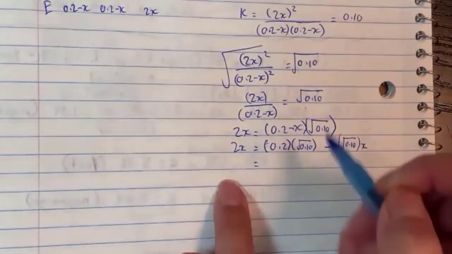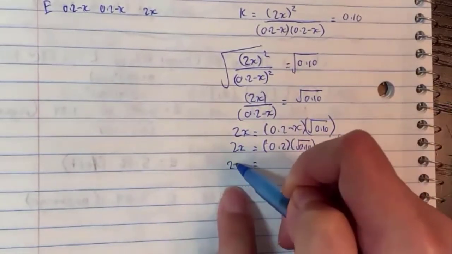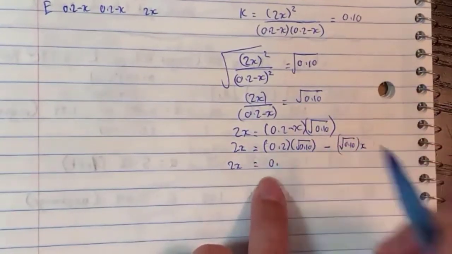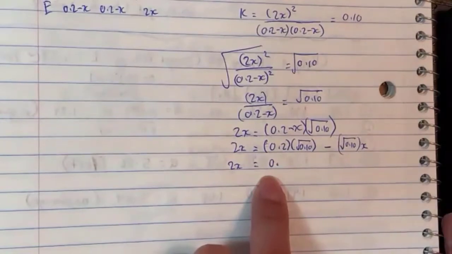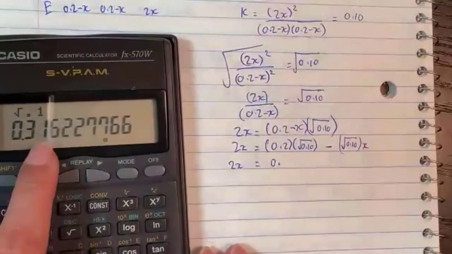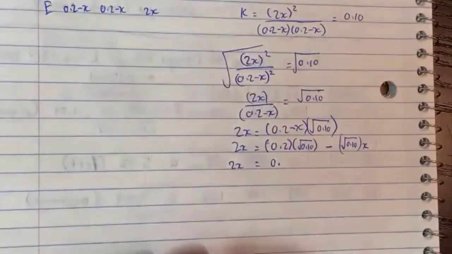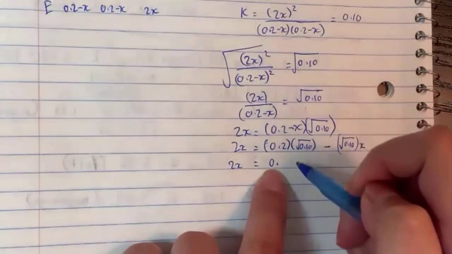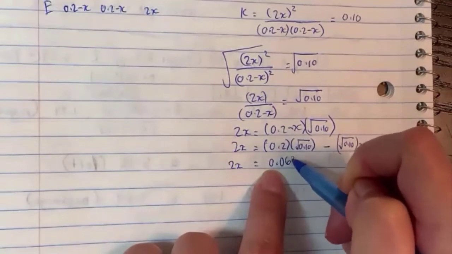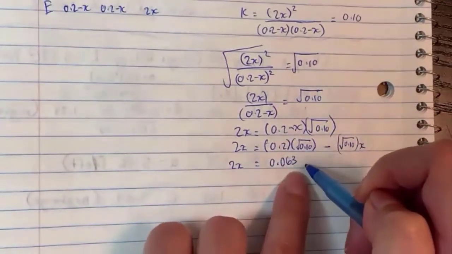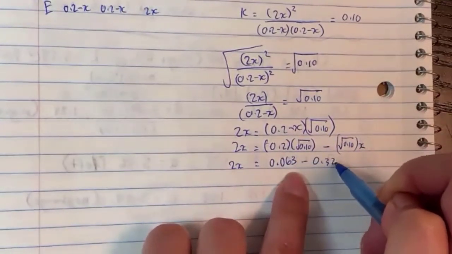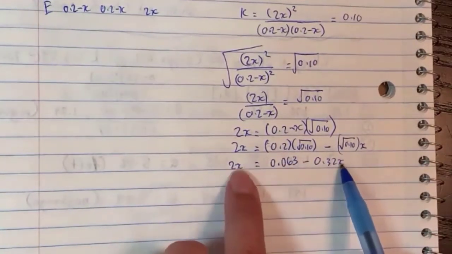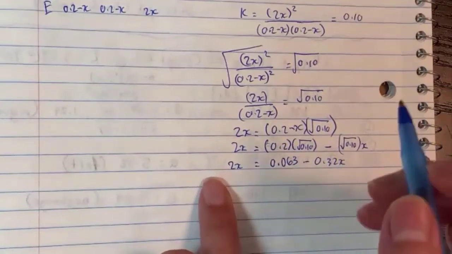So this is 2x, and then this is 0.2 times 0.316, which you round. So 2 times that is 0.063. And then this is 0.32x. So that's what this turns into. Then I'm going to put my x's together, so I'm going to add 0.32x to both sides.